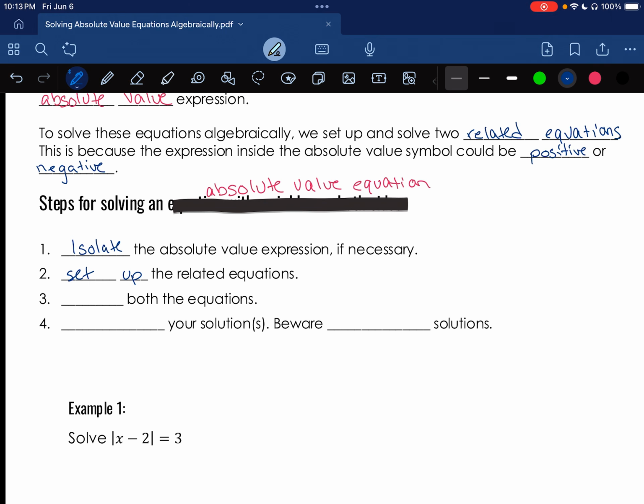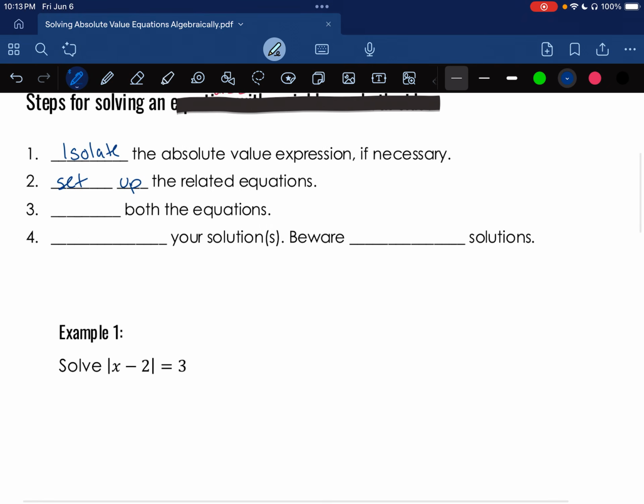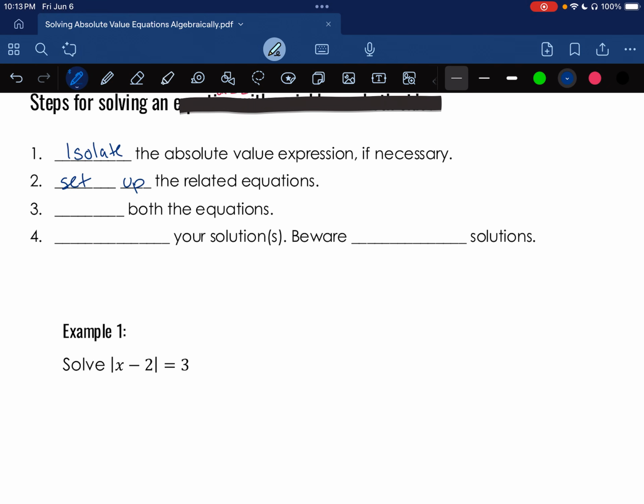They're going to be two equations, very similar, but we have to deal with that. What if the expression were negative? Then we're going to solve both equations using good old inverse operations, like we did earlier in the year. And we're going to check our solutions.